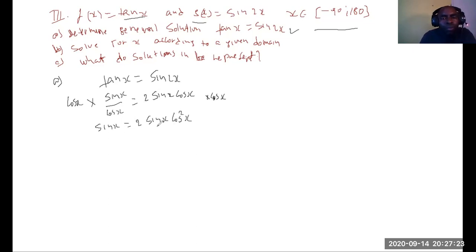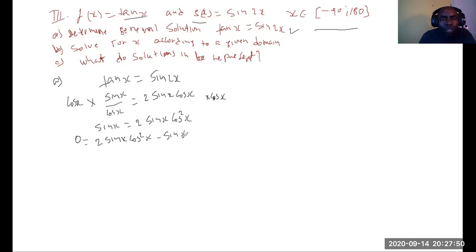So now this we can treat as a quadratic equation where we have 0 equal to 2 sin x cos square x minus sin x.